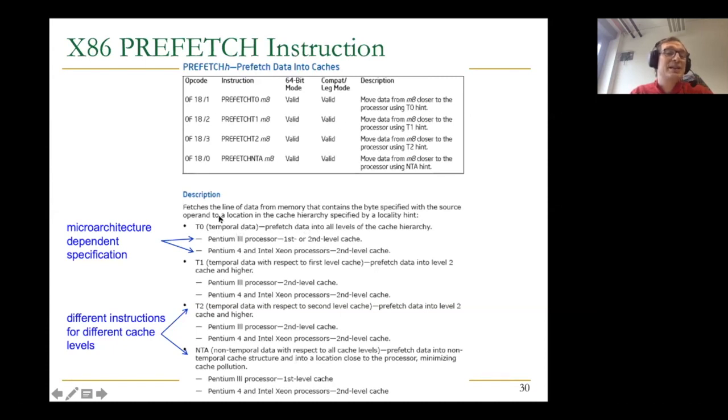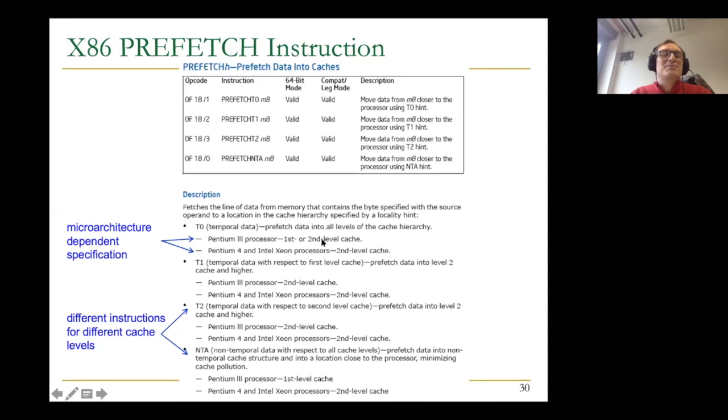So temporal data, for example, is data that's supposed to be used a lot, potentially. That's why the promise was we prefetch into first or second level cache. You can see that it's an or, right? Only with non-temporal data, you don't prefetch data into the second level cache in the Pentium 3 processor. So overall, I would call this a mess.